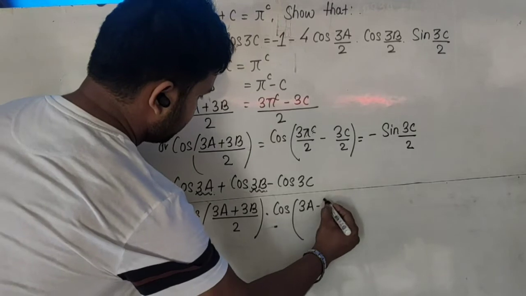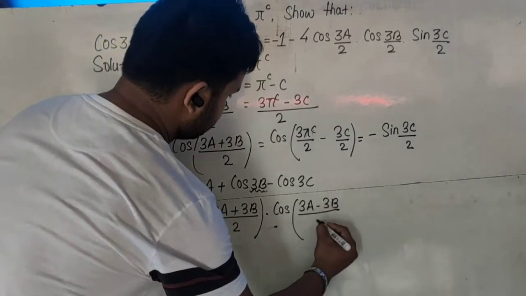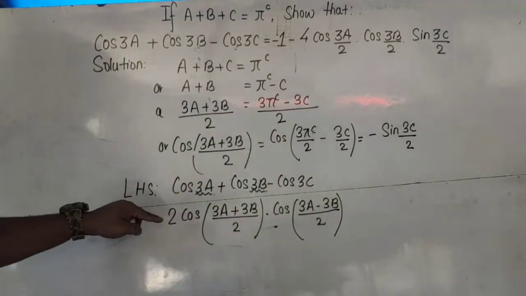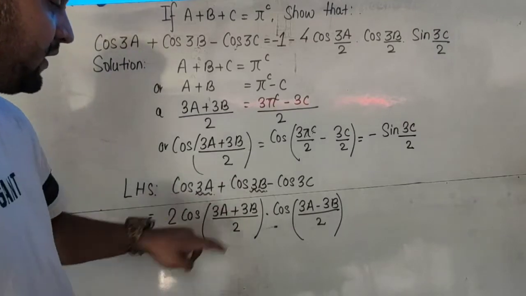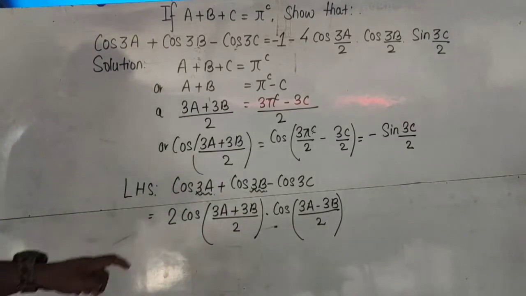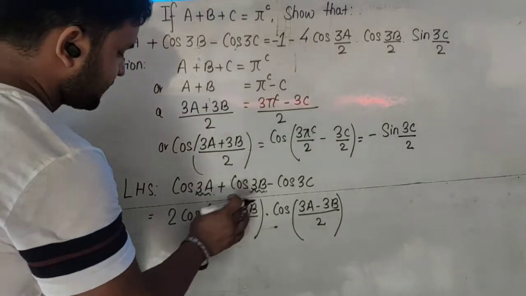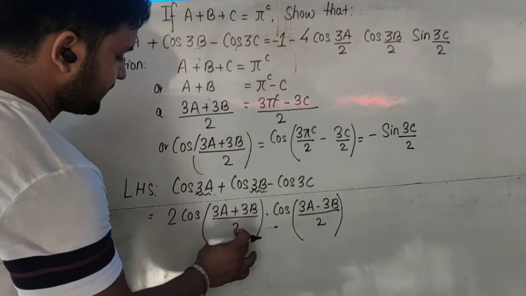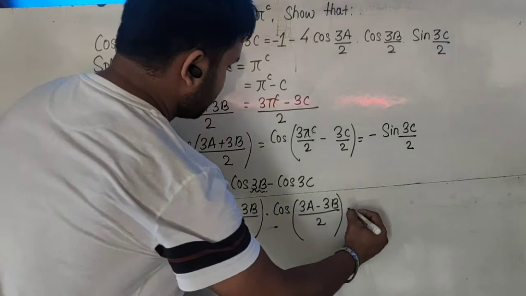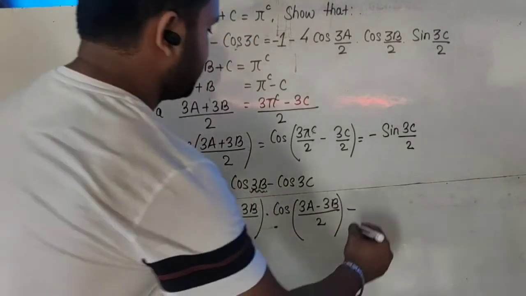In some of the books it's written as cos c plus cos d, and the formula for cos c plus cos d is 2 cos c plus d by 2 dot cos c minus d by 2. I am keeping this minus cos 3c as it is.